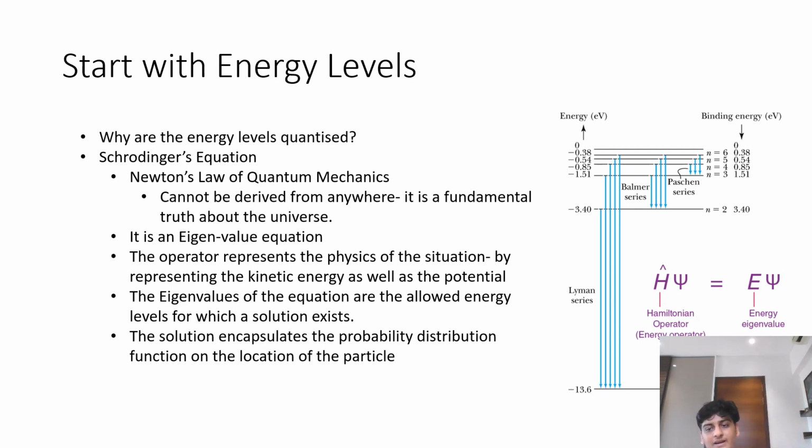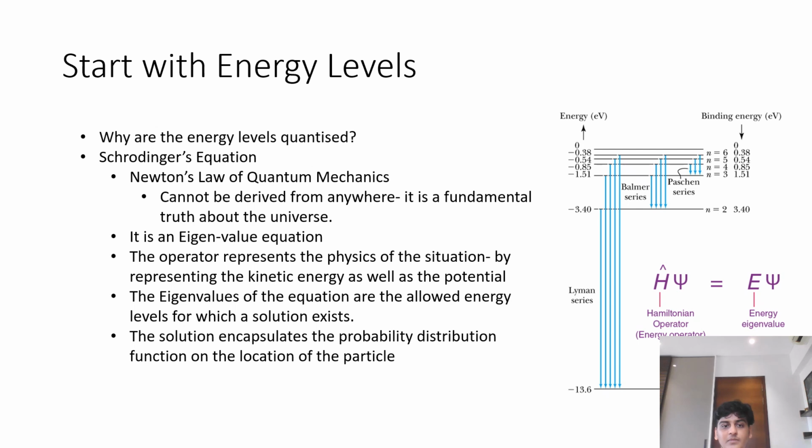Just quickly to summarize, we have the Schrodinger equation, which is an eigenvalue equation. Since it's an eigenvalue equation, only certain values of energy satisfy this equation. Since it's a fundamental truth about nature, only these values of energy are allowed to be taken by the electron. And psi, which solves the Schrodinger equation, represents the state of the particle, and it does so by representing the probability of finding a particle at a particular point, right?